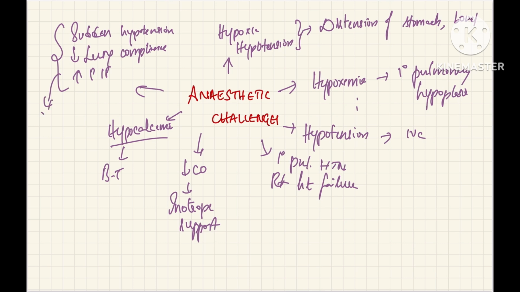This may cause sudden pneumothorax. So, hypoxia, hypotension, hypoxemia, primary pulmonary hypertension and right heart failure, decreased cardiac output, hypocalcemia, and pneumothorax are the few anesthetic challenges which we face during the management of a baby with congenital diaphragmatic hernia.